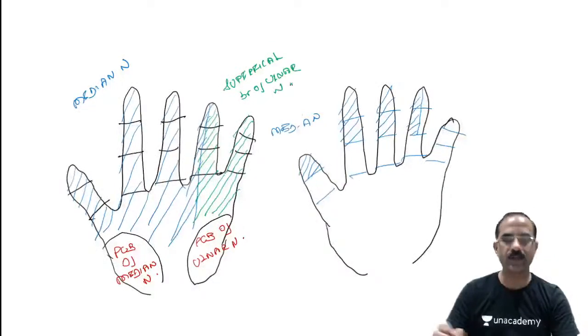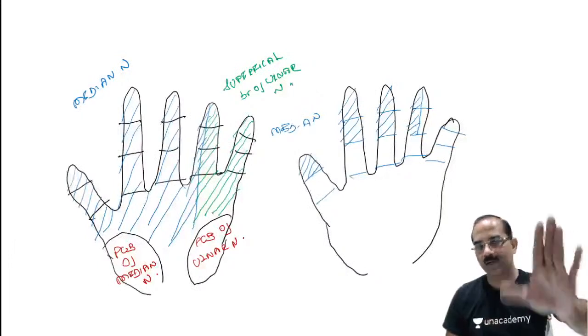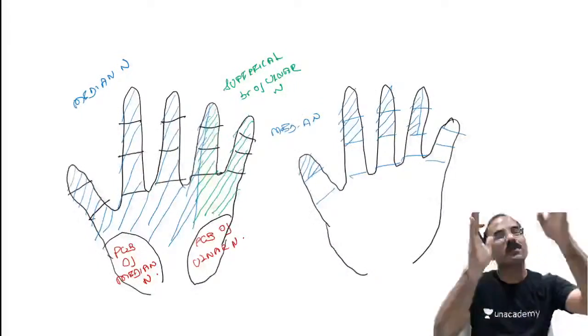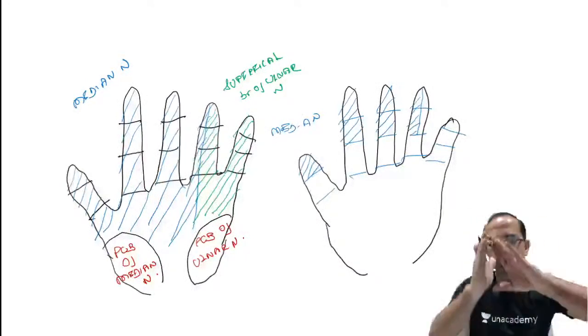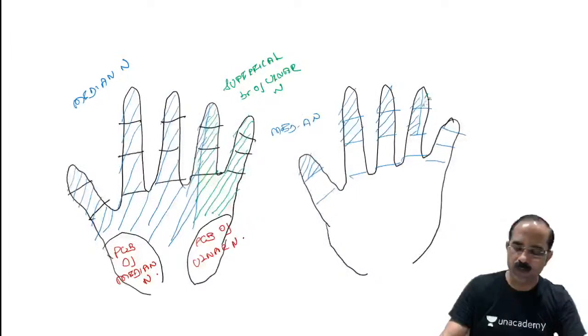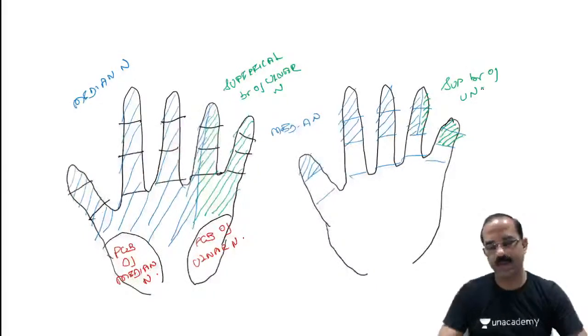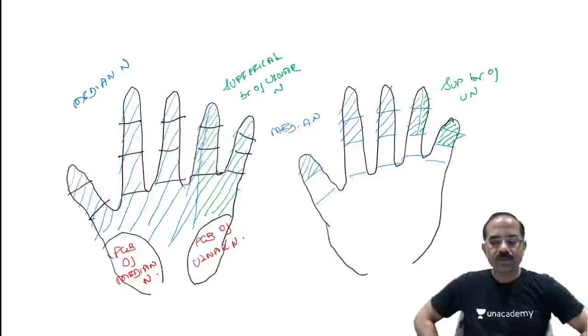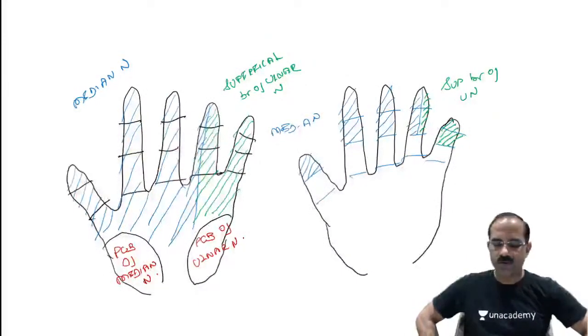The same superficial branch goes to the dorsal aspect and again supplies 1.5 fingers except the proximal phalanges. Easy, it's the same. Are you following this, students?